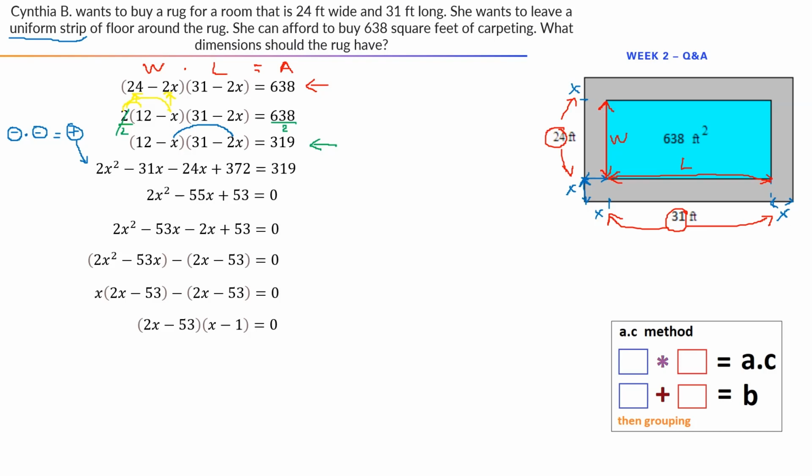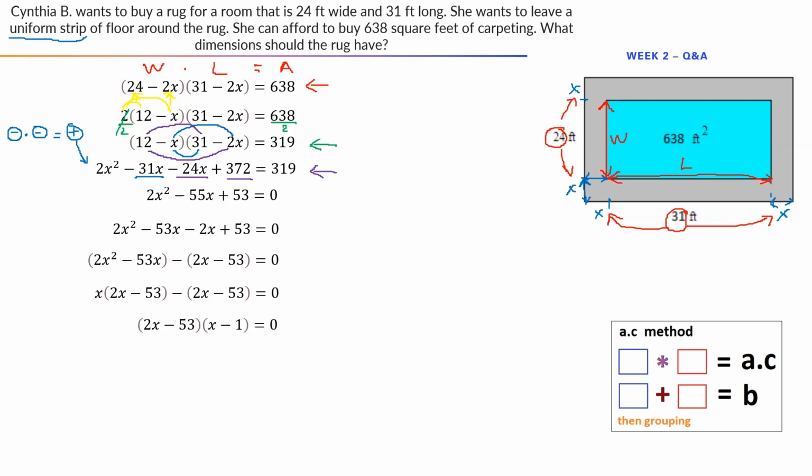The second term is negative x times 31, which is negative 31x. Alright. Now I have 12 times negative 2x. I got negative 24x. 12 times 31, I got 372. Okay, I got that step. Just distribute.